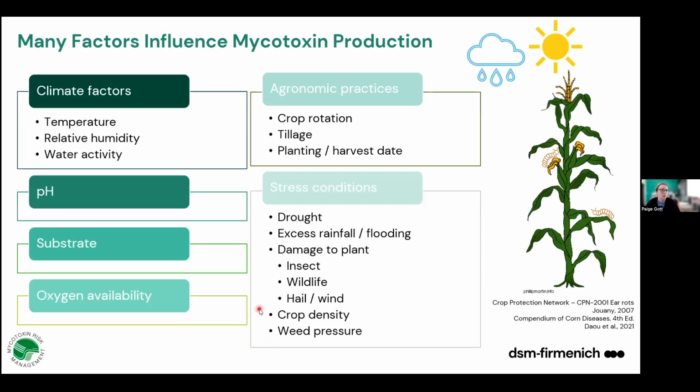When it comes to the factors that influence the presence of the molds and the mycotoxins that they may produce, there's a lot that goes into that, but generally we think of climate-related factors, so the temperature and relative humidity, and also water activity is really important. Anything that stresses the plant is going to make it more susceptible to being colonized by fungal disease, specifically our mycotoxin-producing molds.